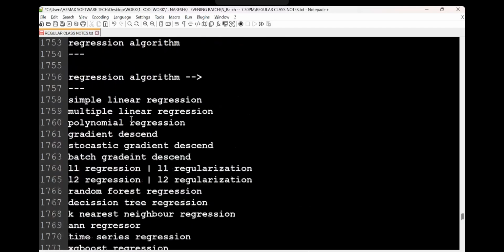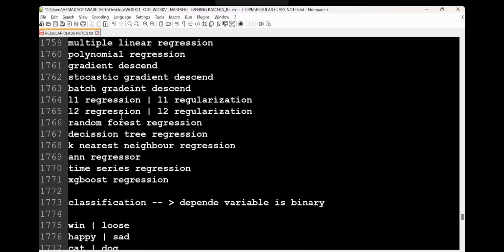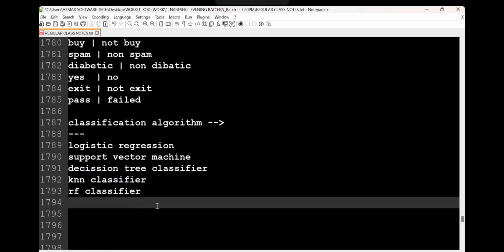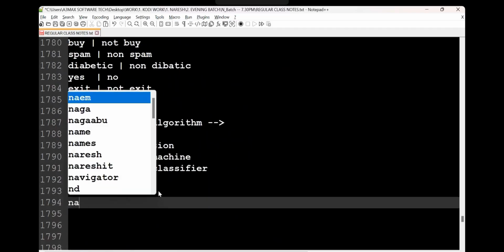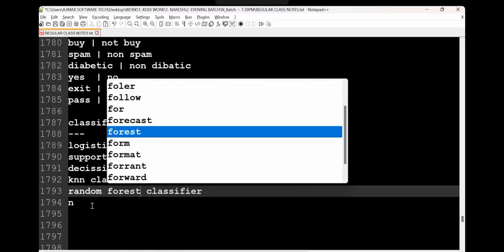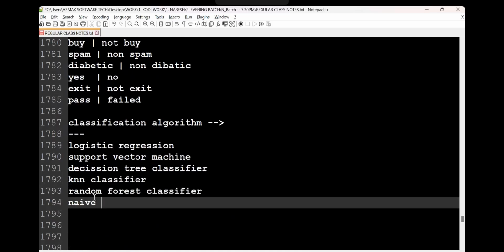It was random forest regressor, random forest classifier. KNN regressor, KNN classifier. Understand, guys? Now the next one here, naive Bayes, Bayesian theorem, very powerful. I'll explain the probability. Random forest classifier. Okay, and then naive Bayes.